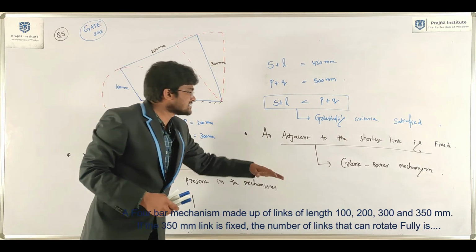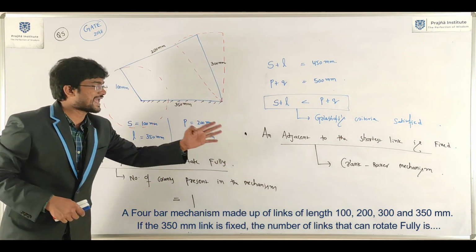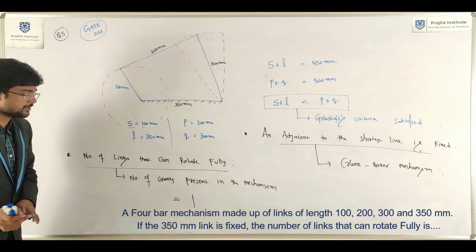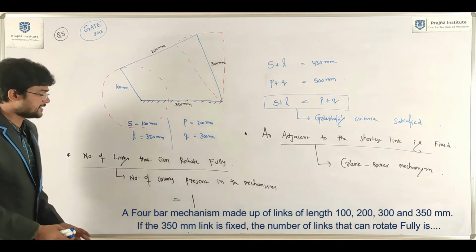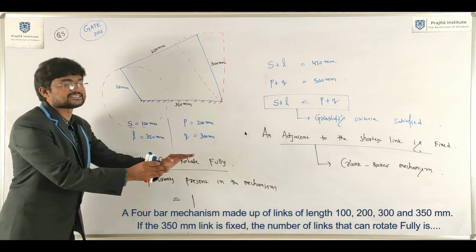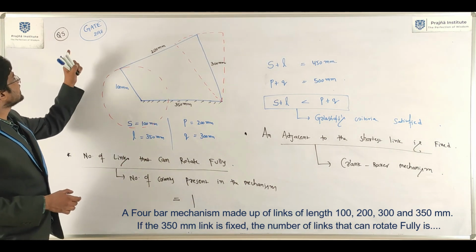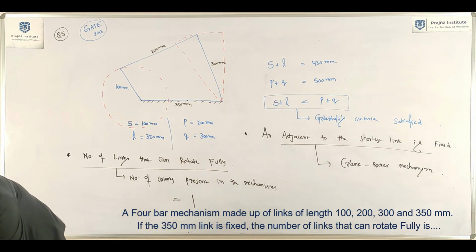Adjacent to the shortest link is fixed, so the resultant mechanism is a crank rocker mechanism. They are asking the number of links that can rotate fully, that means the number of cranks present in the mechanism: 1. So what is the answer? GATE 2018, question number 5. Answer is 1. That's it.